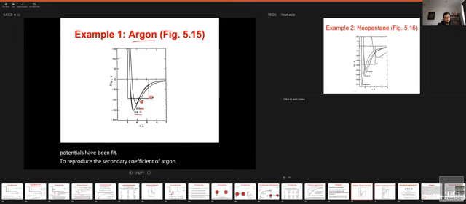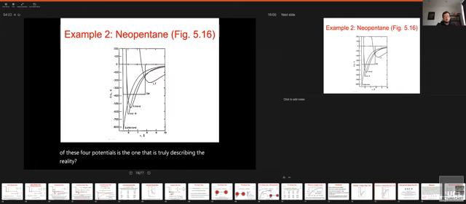So they do an excellent job at reproducing the second virial coefficient of argon at a given temperature. From that point of view, they're all equivalent. The problem is that they're all different. So which one of these four potentials is the one that is truly describing the reality?